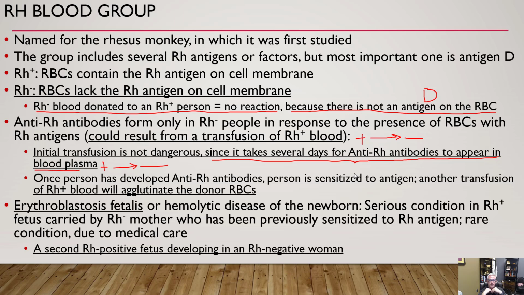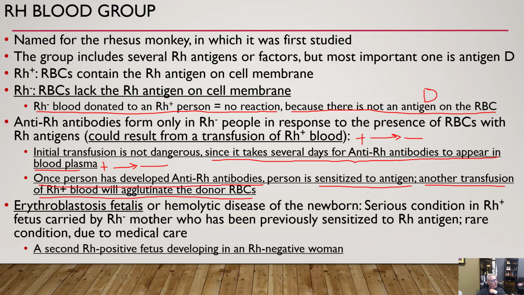However, your body's going to remember this. And if you have a second exposure to Rh positive blood and you're an Rh negative person, now that you have already developed these antibodies, that second transfusion will cause your blood cells to agglutinate, and that transfusion reaction will occur.